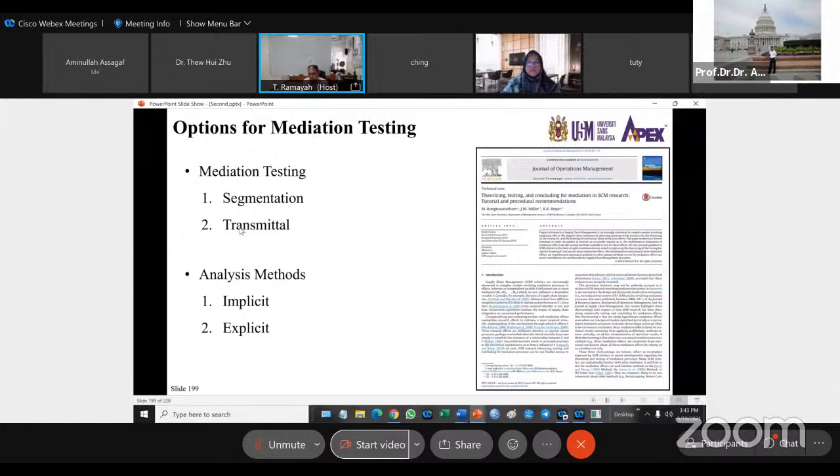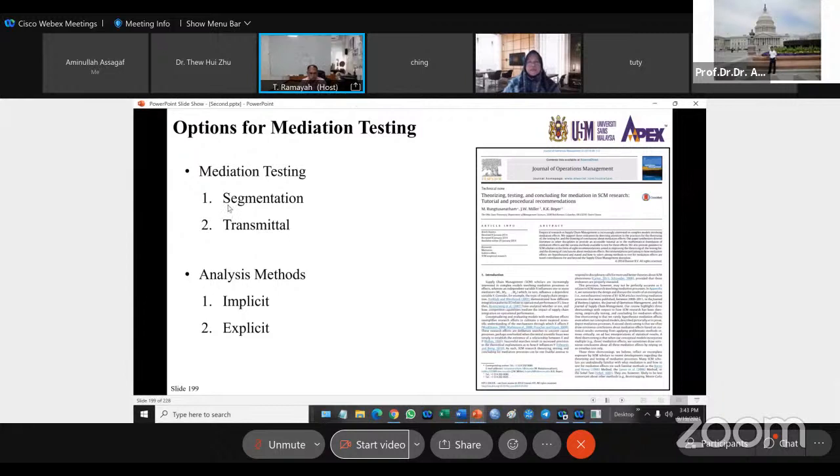No need to test independent to mediator, mediator to dependent. Just test the mediation. This is good for those who have multiple independent, multiple mediator. That kind of model, maybe you want to follow the second strategy. Other than that, most of us will follow the segmentation: independent to mediator, mediator to dependent, and then the mediation.